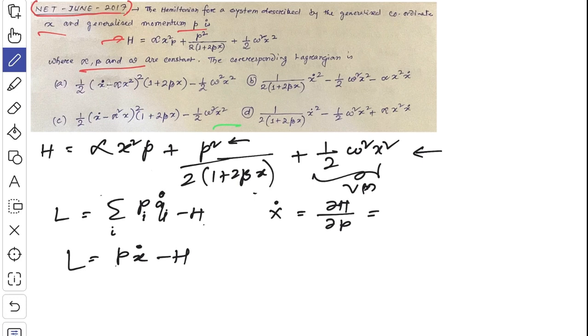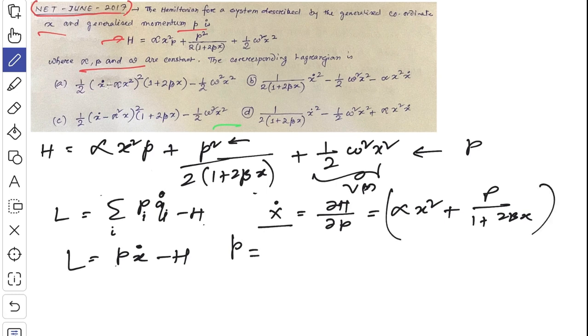If you differentiate this Hamiltonian with respect to p, then you will get alpha x square plus p by 1 plus twice beta x. Now from here, if you simplify this relation, x dot is equal to this one, and from here if you find p, then what will you get?